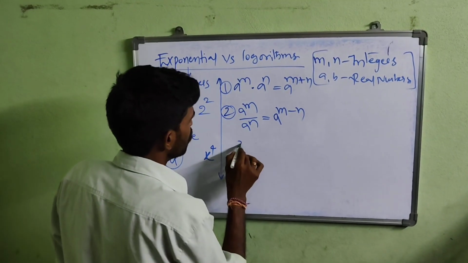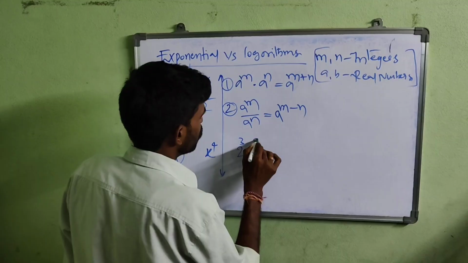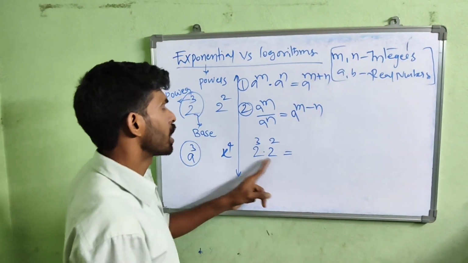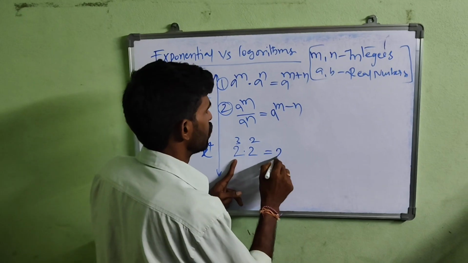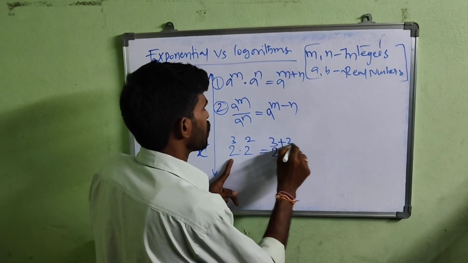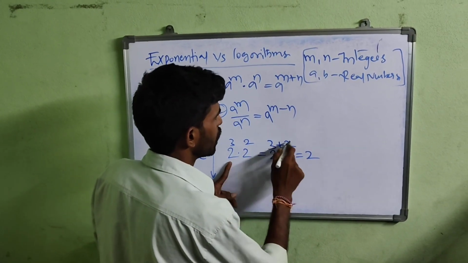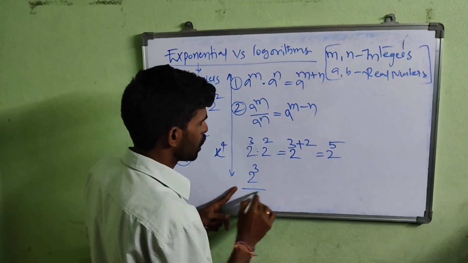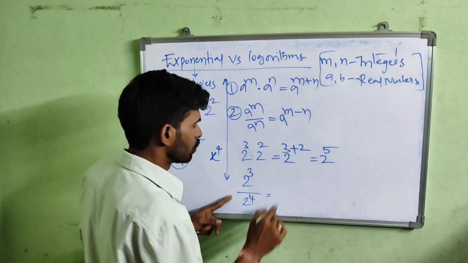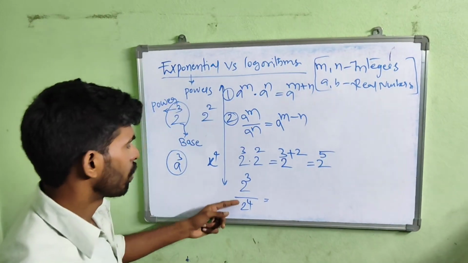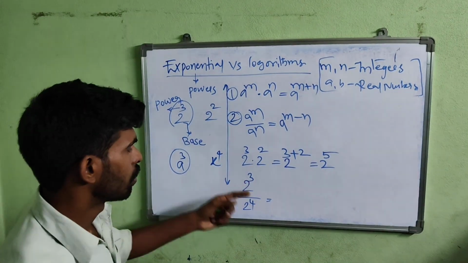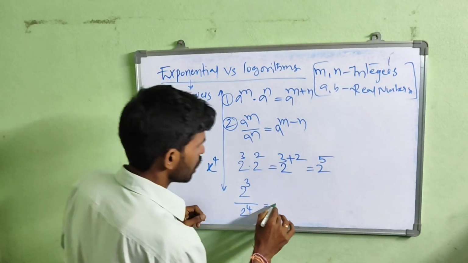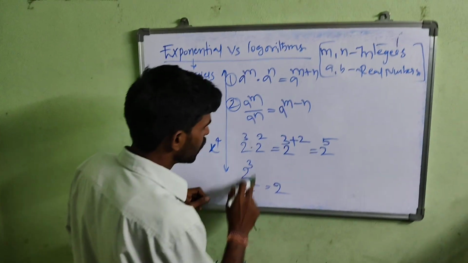For example, 2 cube into 2 square. What is the answer? If the bases are equal, powers will be added: 2 power 3 plus 2, which is 2 power 5. For example, 2 cube divided by 2 power 4. If the bases are equal, powers will be subtracted in division. That's why 2 power 3 minus 4.